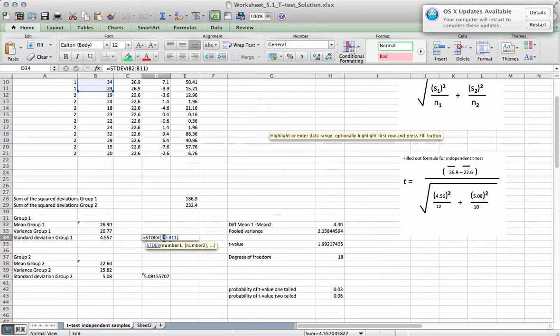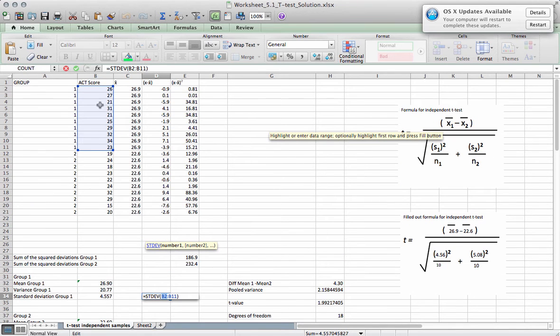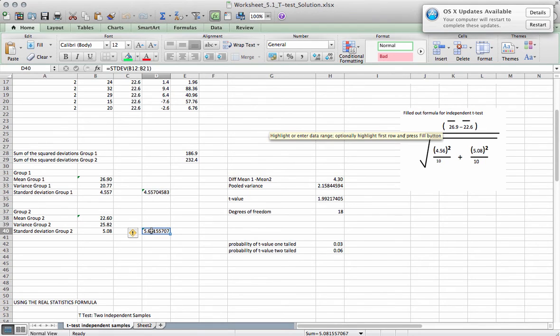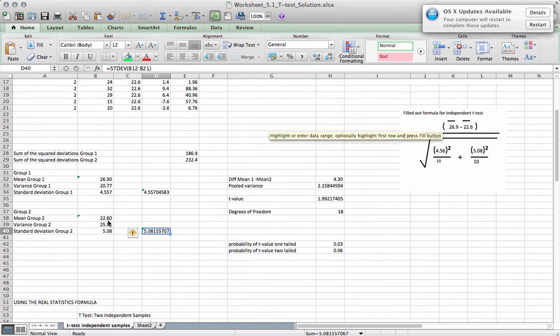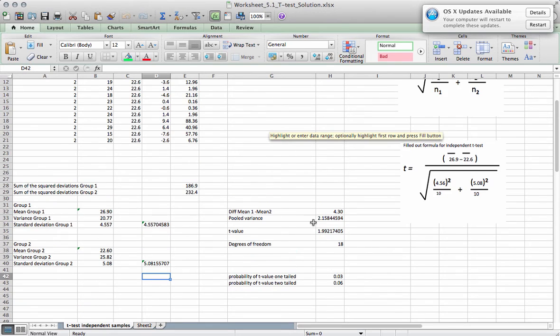But there's also a fast way in Excel, just STDEV, and we want this for group 1. And then the fast way for group 2, same thing, standard deviation for group 2. Now we have all the values that we need to plug into our formula. We plug this into our formula here.